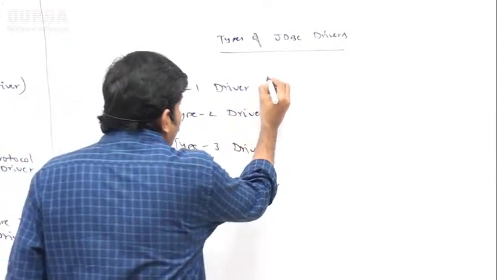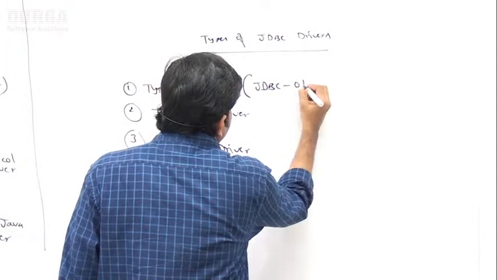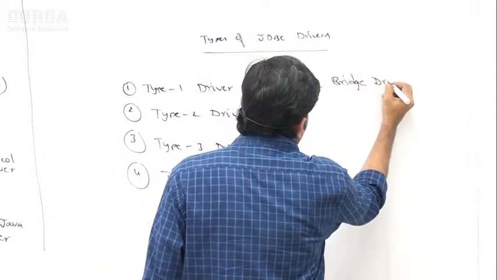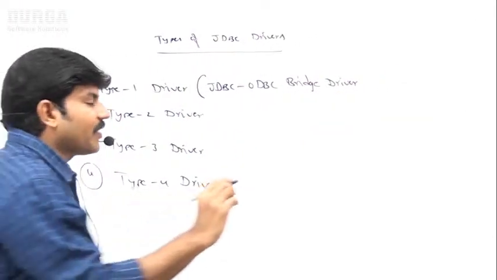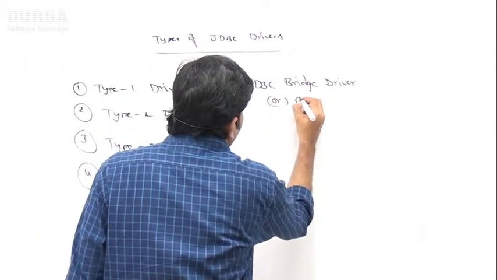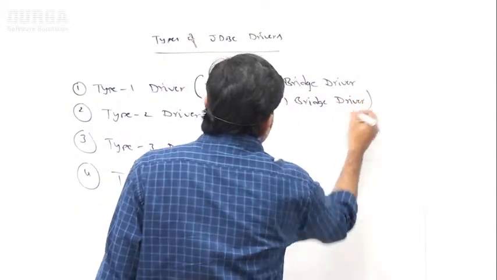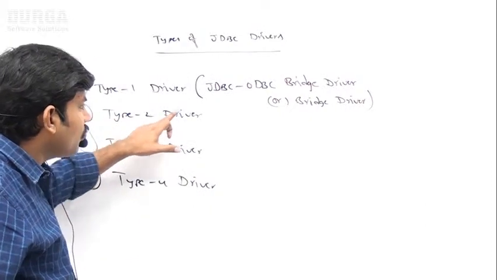Type 1 driver is also known as JDBC-ODBC bridge driver. Are you getting what the other words are? For type 1, JDBC-ODBC bridge driver, or simply some people use the term bridge driver.